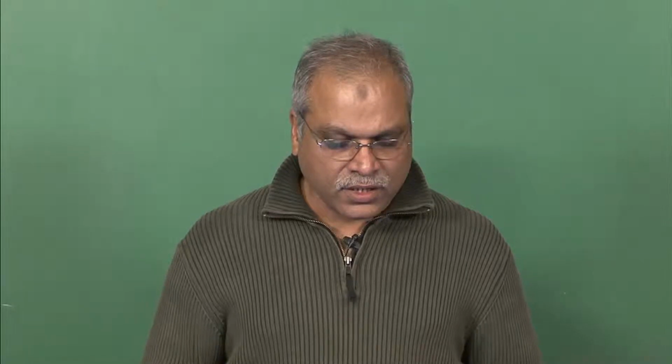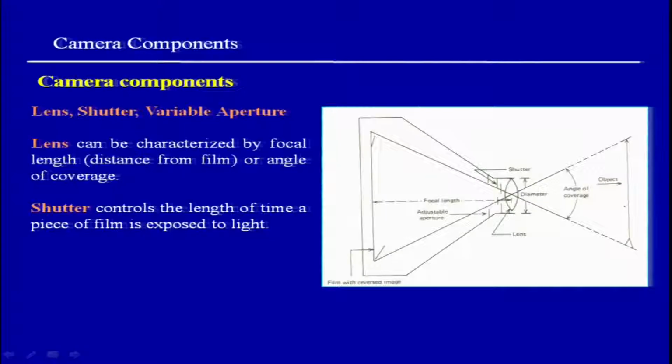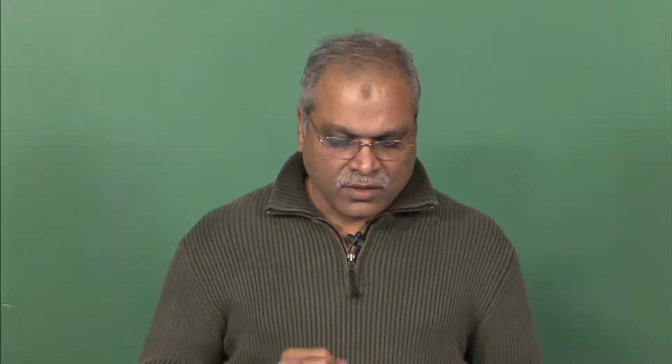Second is the shutter that controls the length of time a piece of film is exposed to light. How long it is exposed is what we call the shutter speed. So it will open for a given time and it will close. It will capture the image.